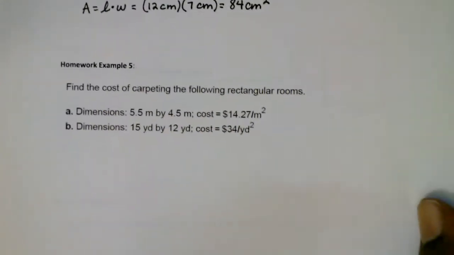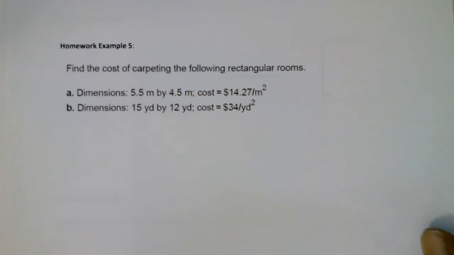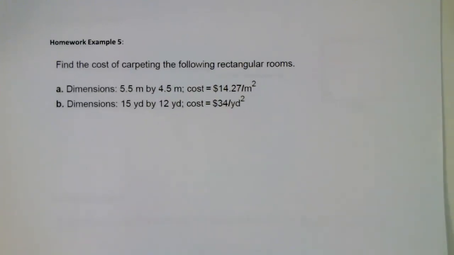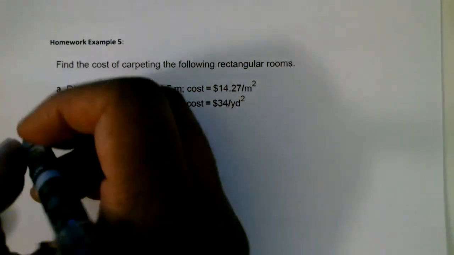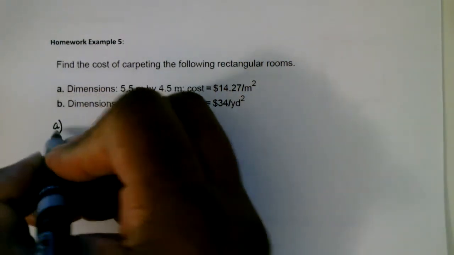Now suppose we had this. Let's say I want to find the cost of carpeting the following rectangular rooms. In part A, the dimensions of the room are 5.5 meters by 4.5 meters, and the cost is $14.27 per square meter. So in this case, I need to find out what the area is.